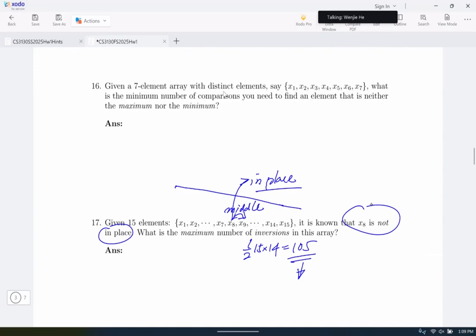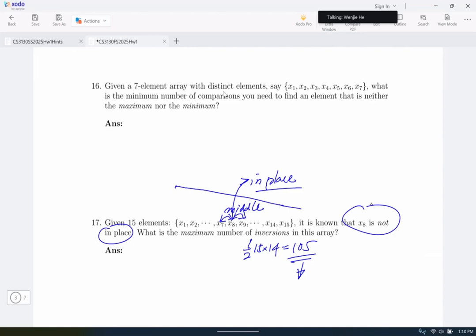Do not jump, because if you jump, you reduce too many inversions. Switching between two adjacent elements, either of the two ways, moves it out of place, but you only reduce the inversion by 1.